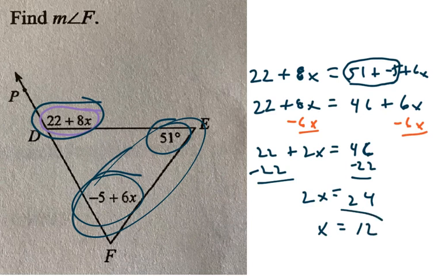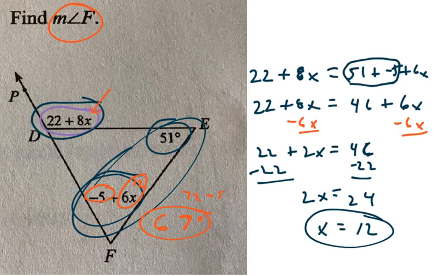X, therefore, is 12. Remember, do not stop there. Plug it back in. Now, they wanted angle F, so I'm going to put a 12 in there. 6 times 12 is 72, minus the 5 is 67 degrees. So that's our answer.